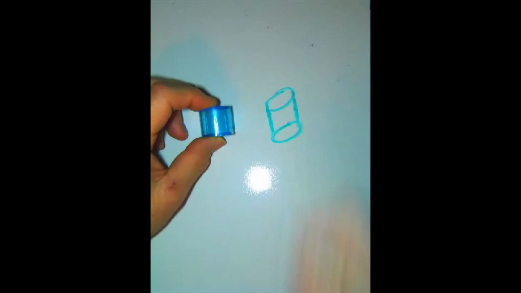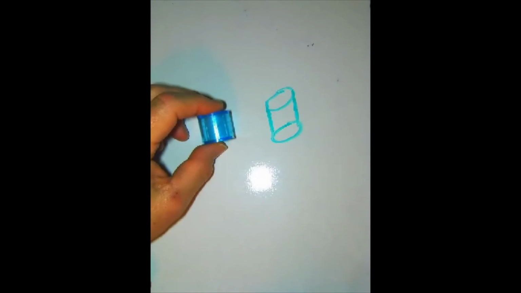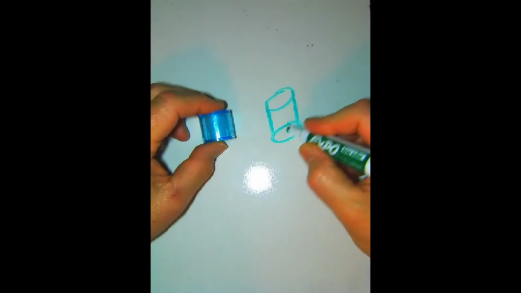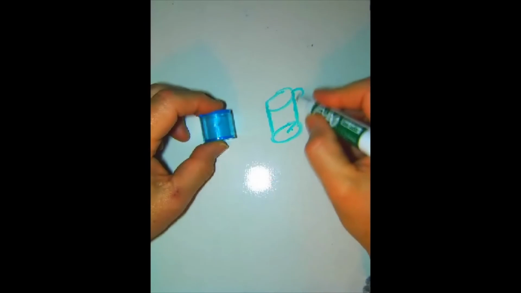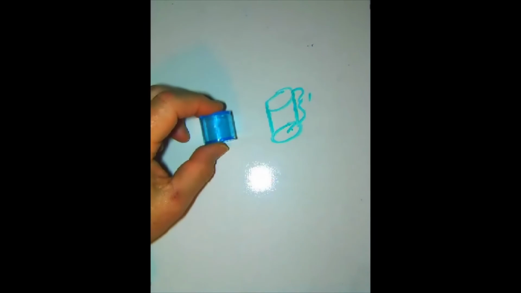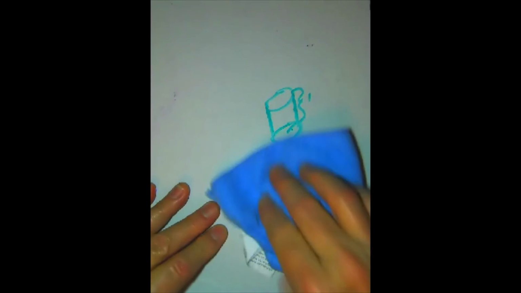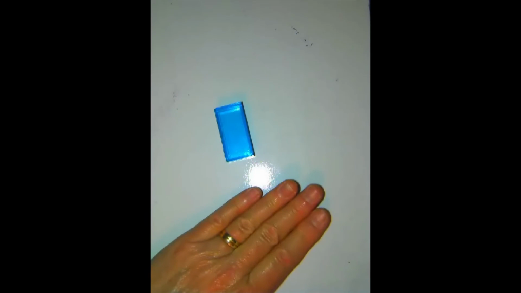And so again, in an ideal world, we'd want to be able to label the key features, so we'd probably label the radius, and then we would also label what this height is as well. This way, the record that we're creating from a sketch perspective can preserve the 3-dimensional aspect of the figure itself, while still being able to put in 2 dimensions as we draw this out onto a flat sheet.